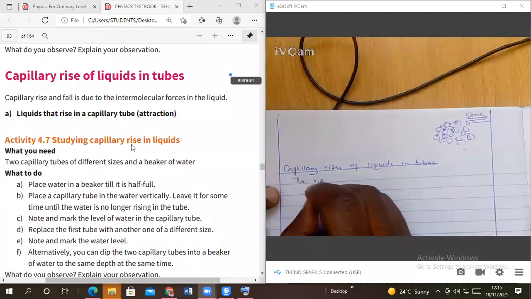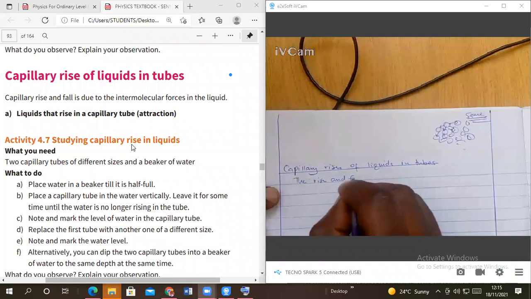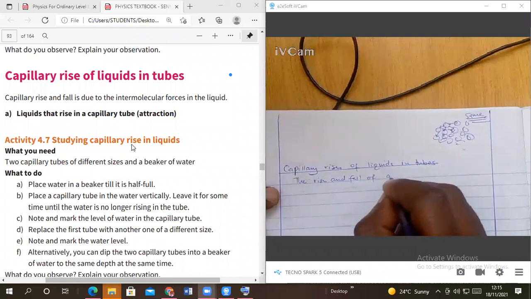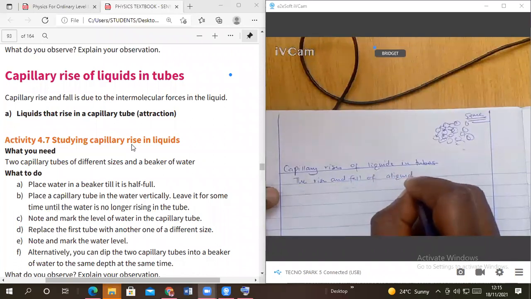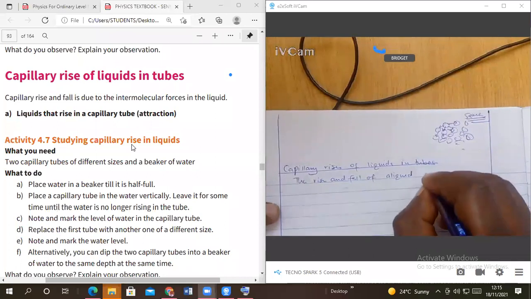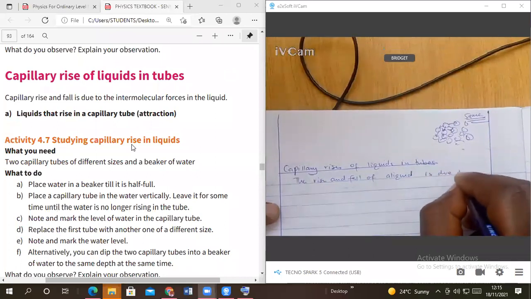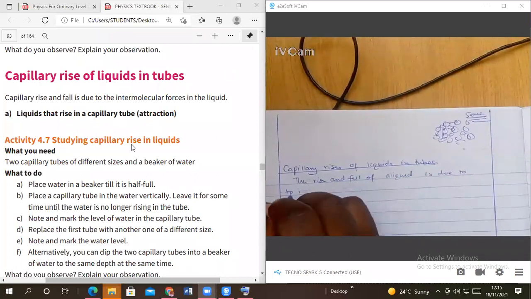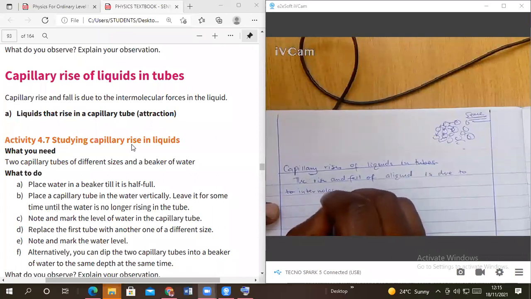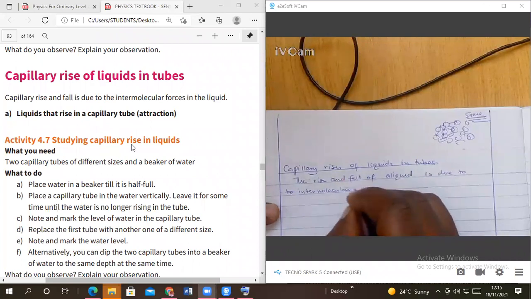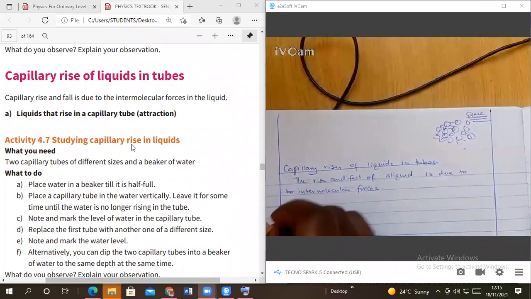So before that, we can say the rise and fall of a liquid. Make your young one keep quiet, okay? Yes.